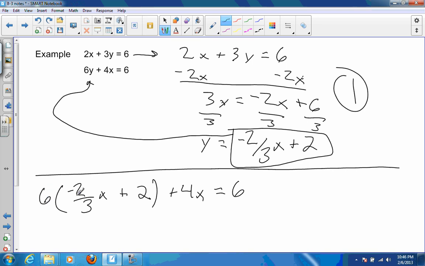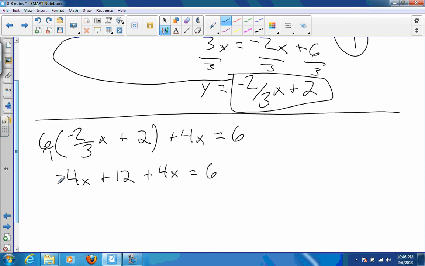I got 6 times negative 2, which is negative 12, over 1 times 3, which is 3. Negative 12 over 3 gives me negative 4x. 6 times 2 gives me 12, so I got plus 12. And then finishing off the equation, I got plus 4x equals 6.